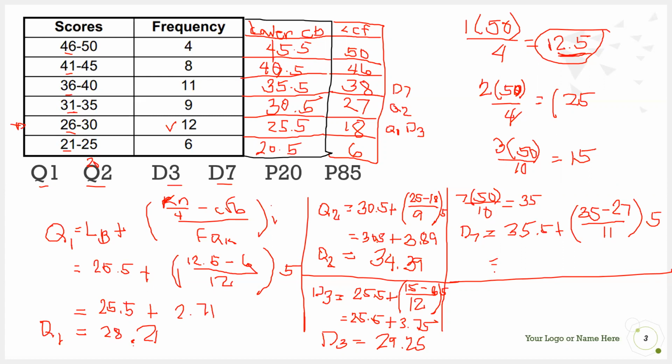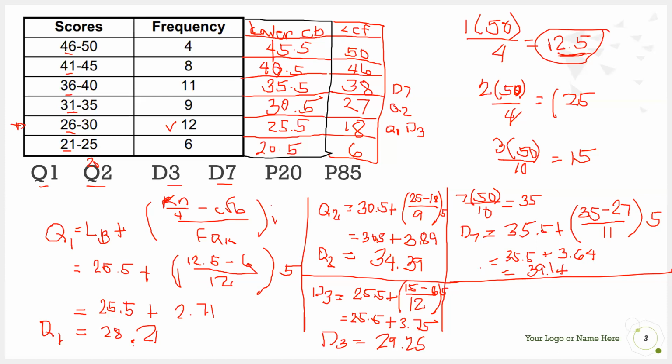So, that's 35 minus 27. That's 8. Divided by 11 times 5. Ano nakuha nyo? 3.64 po. Correct. Idadagdag natin siya sa 35.5. So, that will be 35.5 plus 3.64. That's 39.14.